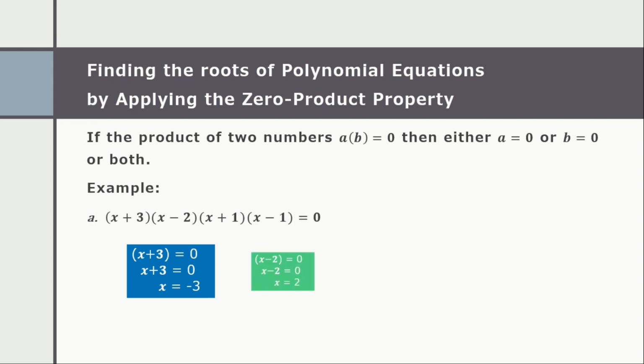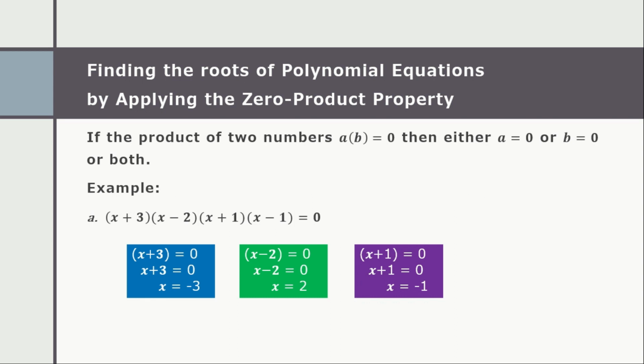The second one is x minus 2 equals 0. Transposing negative 2 will give us x, which is equal to positive 2. The third one is x plus 1 equated to 0 will give us x plus 1 equals 0. Transposing positive 1 will give us x, which is equal to negative 1.